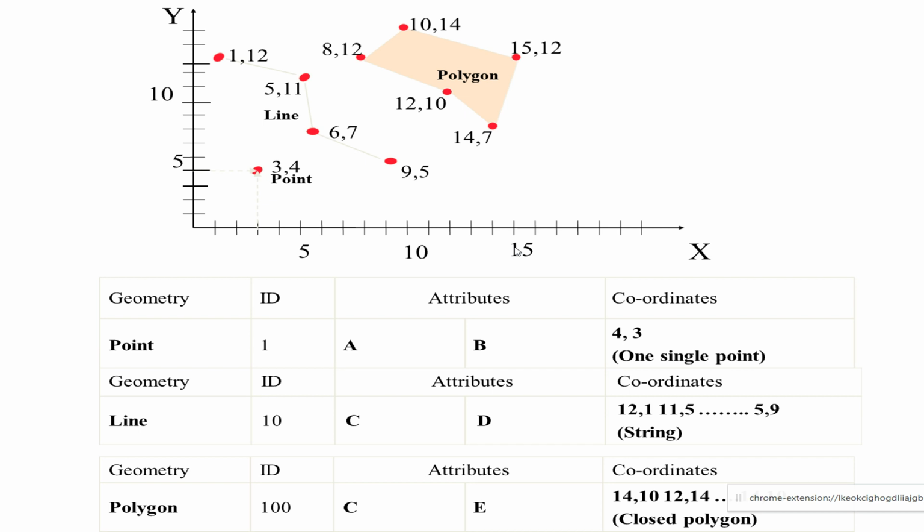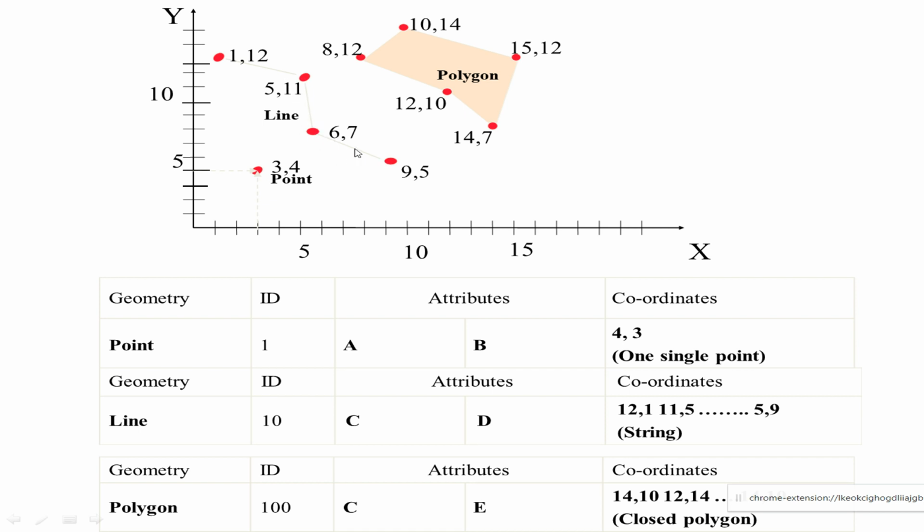And for all the vector data, you'll be able to see the attributes. Attribute means, see here, in geometry, vector is talking about point, line, and polygon. Point: ID number 1, attribute telling about A and B, coordinate values 4 and 3, one single point. It may be talking about, okay, this is a building kind of feature. And for a line feature, there is one ID, one attribute, and a number of coordinates, because for a line, the points are joining.